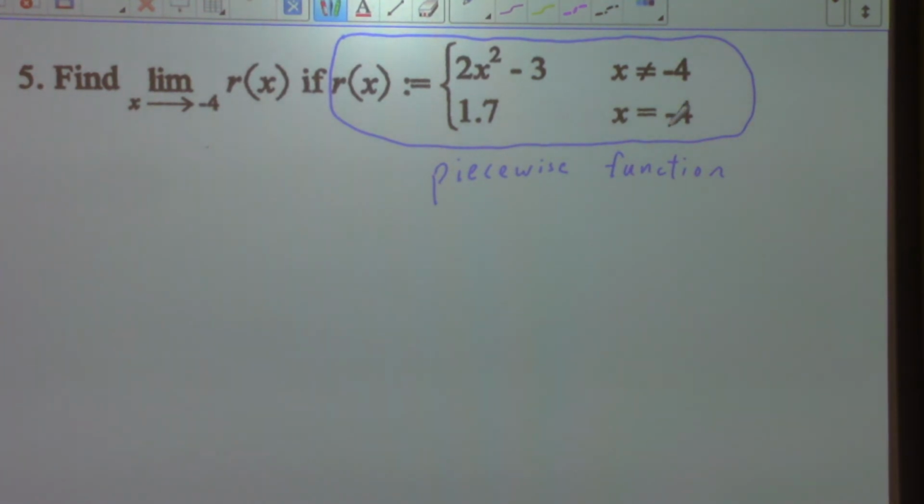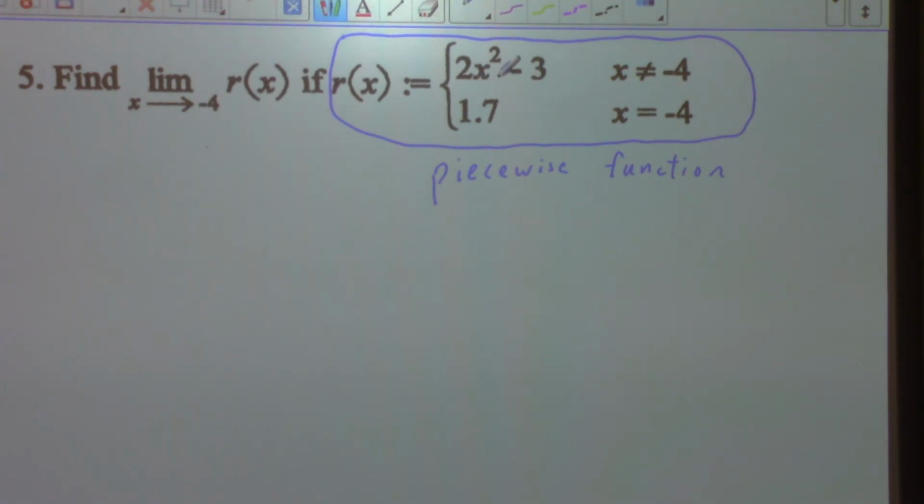So the only time it's 1.7 is when x is -4. Okay, we know it is that, but it could be here also.